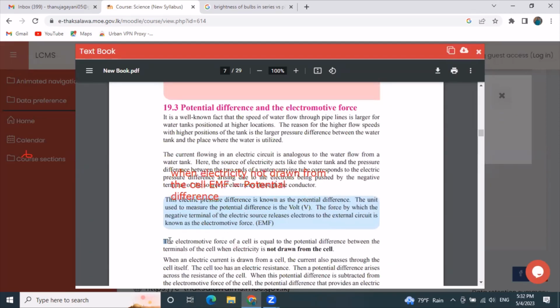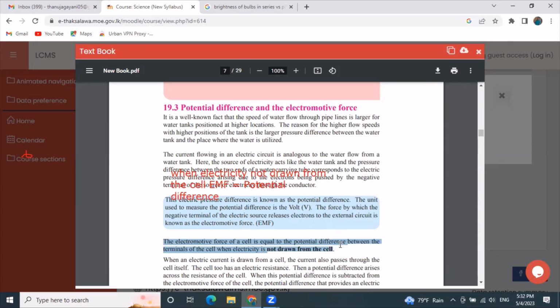The electromotive force of a cell is equal to the potential difference between the terminals of the cell when electricity is not drawn from the cell. Okay, you can highlight it in your textbook or write a note in your writing book.